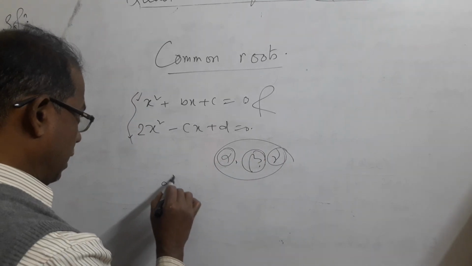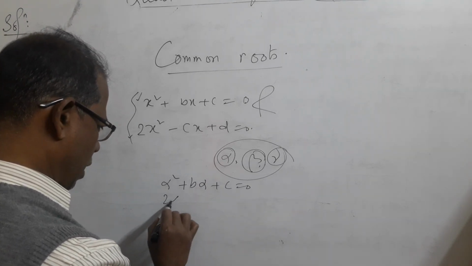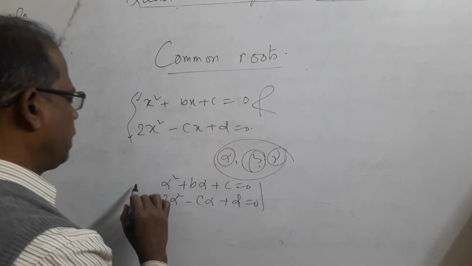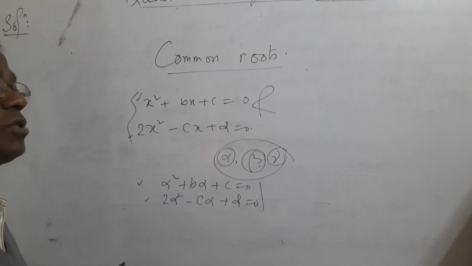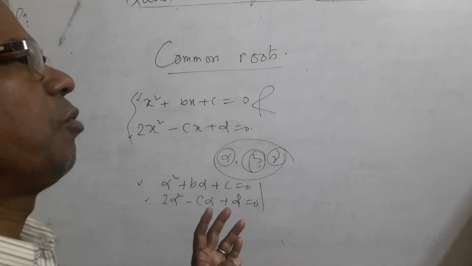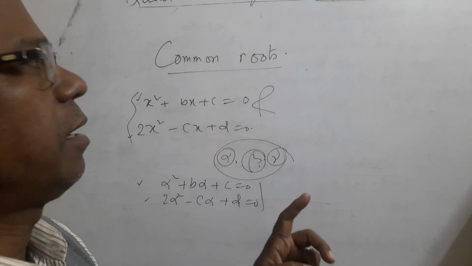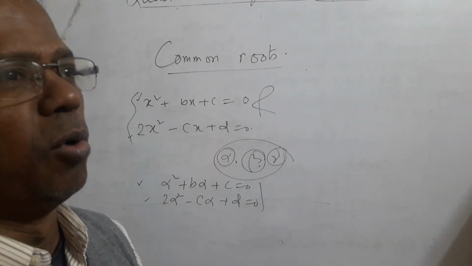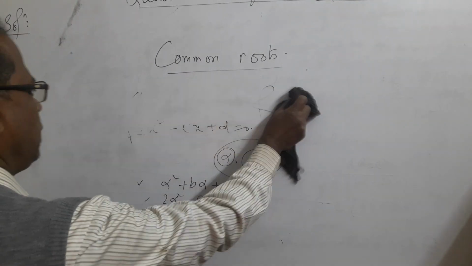So alpha square plus b alpha plus c equal 0 and 2 alpha square minus c alpha plus d equal 0. Common roots means both equations, or 3 or 4 equations, have any one root that satisfies all of the above equations. No problems. We have to practice this maths.